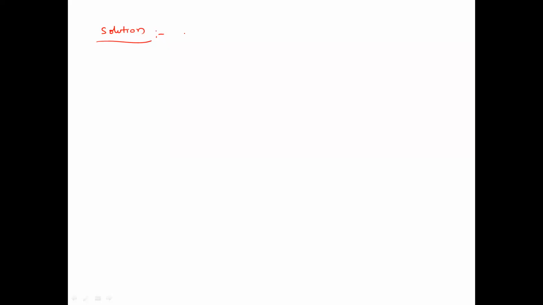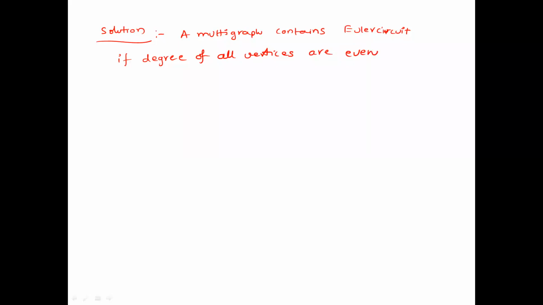Solution by the Euler: a multigraph contains an Euler circuit, I'm talking about the first puzzle, if the degree of all vertices is even. Very simple statement. If the degree of each vertex is even, then only it contains the Euler circuit.